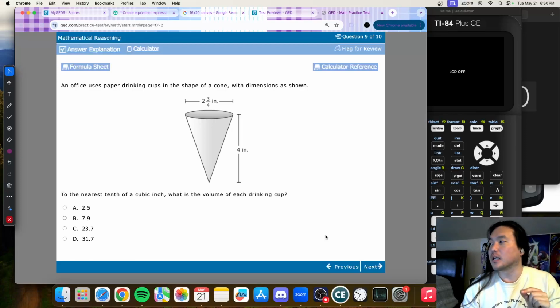A really good way to calculate a cubic inch is that a decently sized ice cube is about a cubic inch.